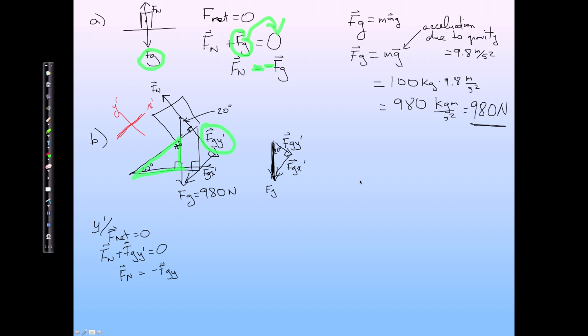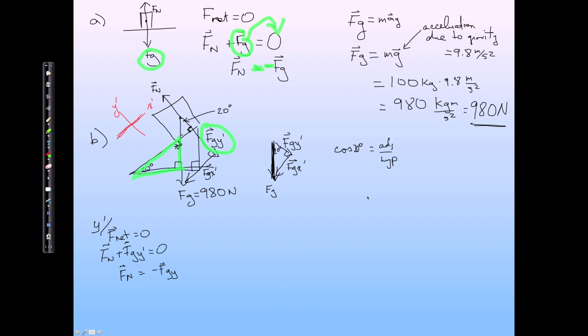So, given that this is the adjacent side, let's take a look at what the cos of 20 equals. Cos 20 degrees equals adjacent over hypotenuse. That's simple trig.